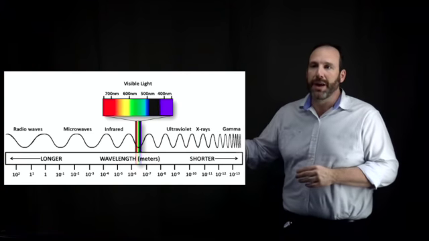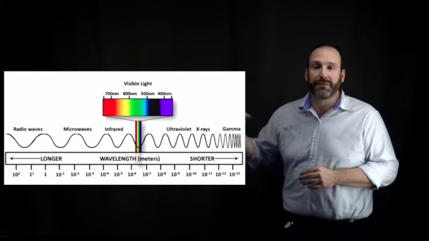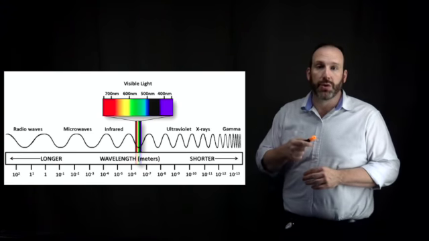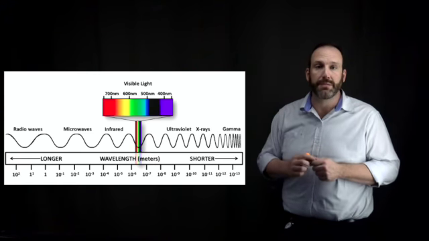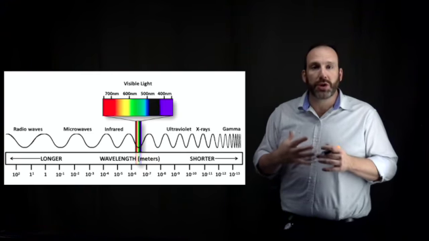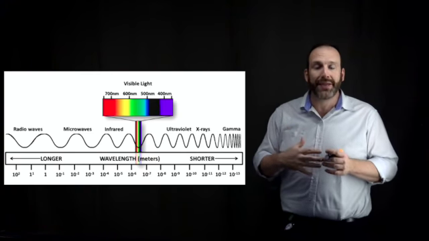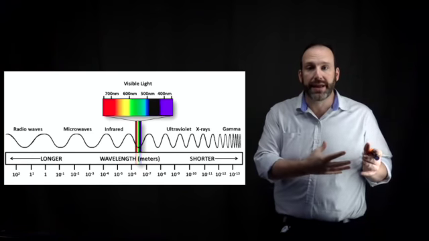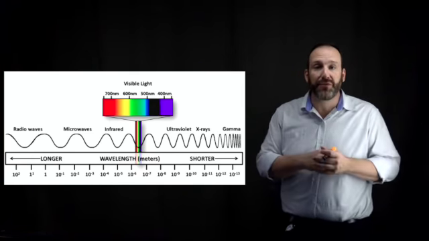You can see that these types of radiation are arranged from long wavelength to short wavelength, radio waves being the longest, gamma rays being the shortest. That order also corresponds to the frequency and the energy of those waves. The shorter a wavelength is, the higher its frequency is, right?